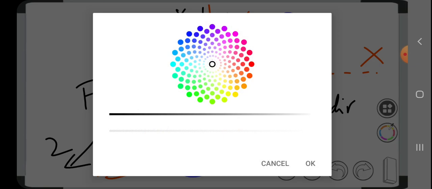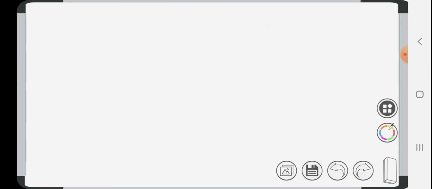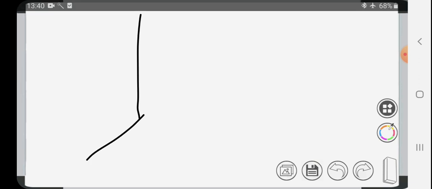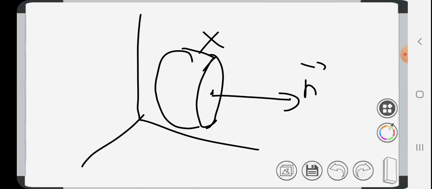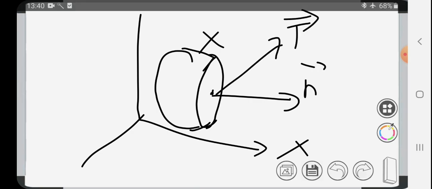So students, I will draw it once more. This was the point P, the plane was the x plane. The normal n vector is in the direction of x only, same direction. This was our t vector.